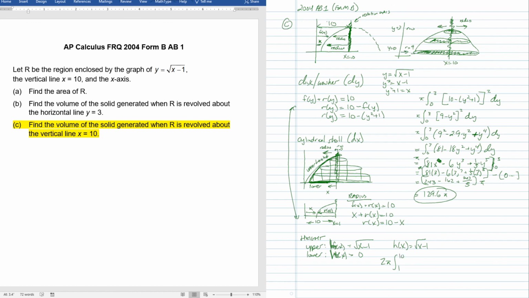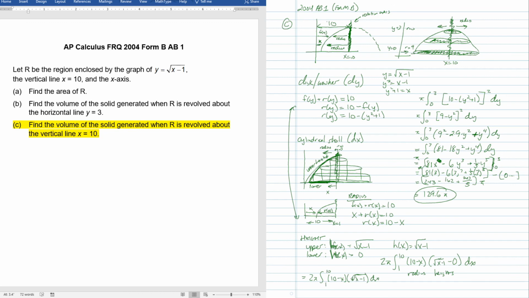We're going to multiply by the radius, because this again is the surface area of a cylindrical shell, 2 pi times the radius, which we've established to be 10 minus x, times the height, in this case literally radical x minus 1 minus 0, dx. And so that equals 2 pi times the integral of 10 minus x times radical x minus 1, dx, as it goes from 1 to 10.